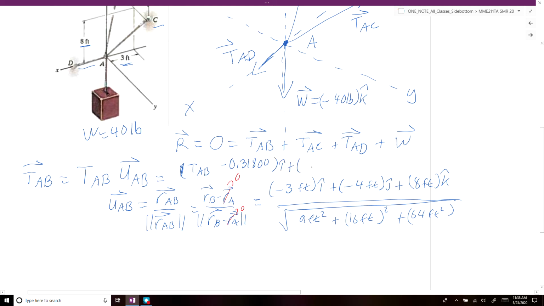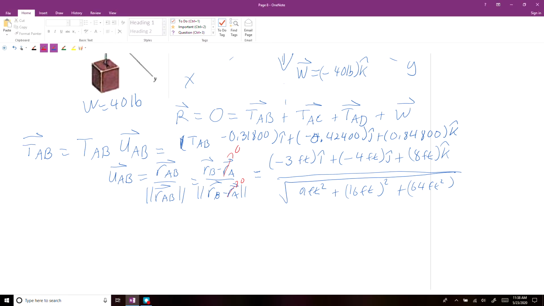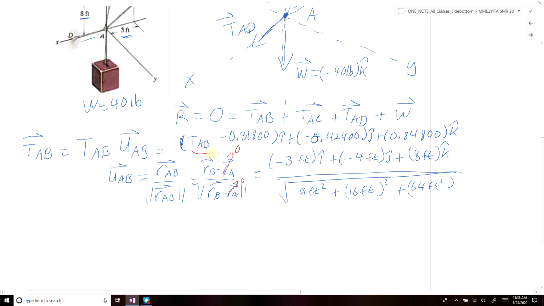Our y component would be equal to minus 0.42400 times j, plus our z component, which would be equal to 0.84800 k. And all of these should include a TAB term.